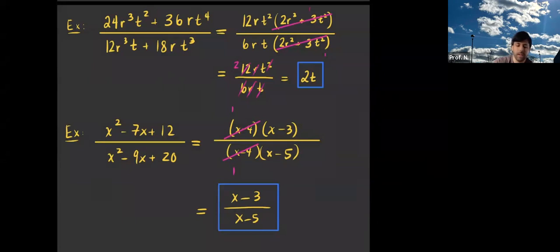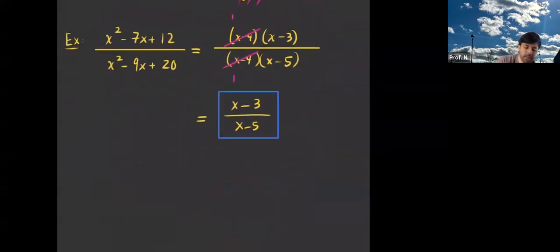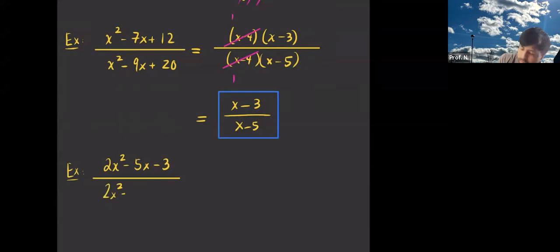So that's the idea. And more of this is to come. We're just factoring as much as possible in the numerator and denominator. Let's see. What if I have 2x squared minus 5x minus 3, divided by 2x squared minus 3x minus 9?